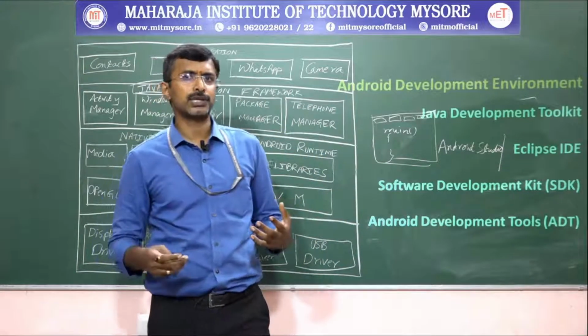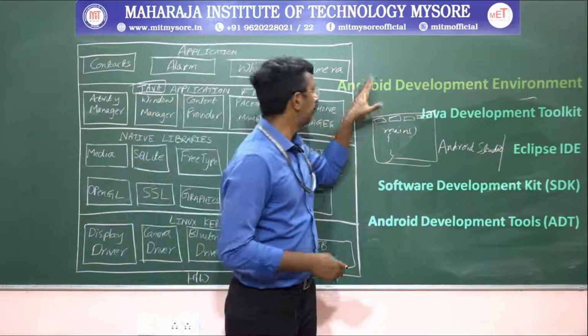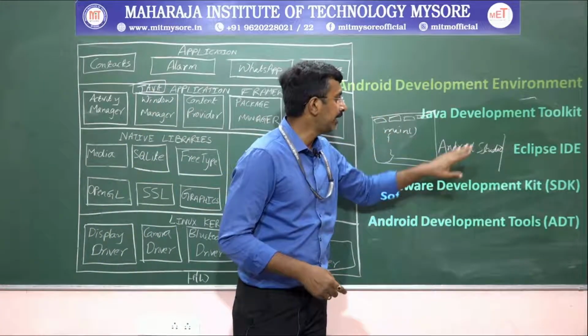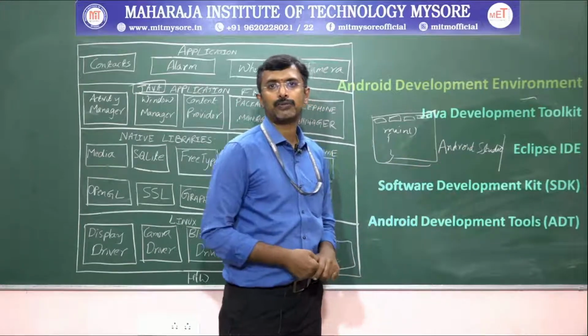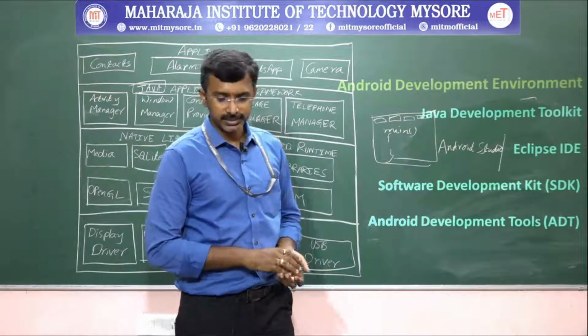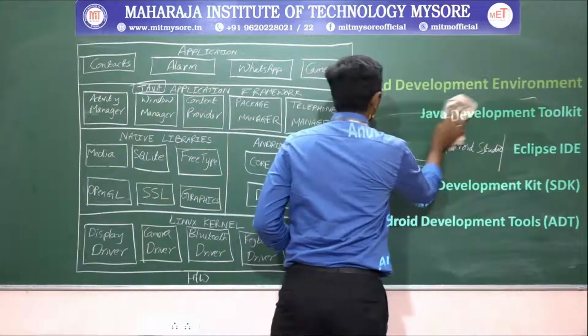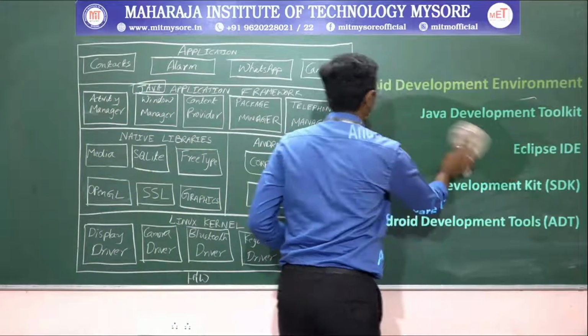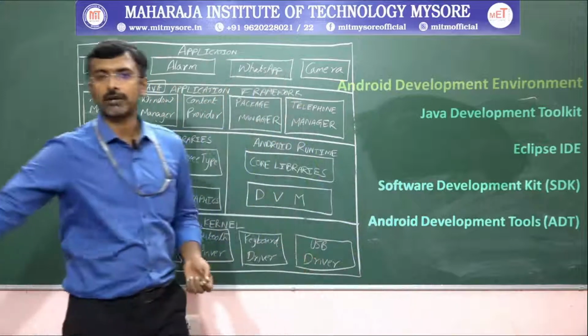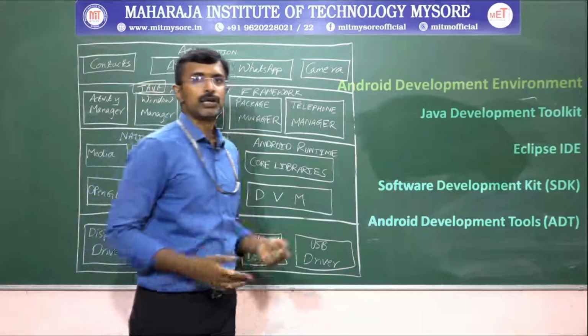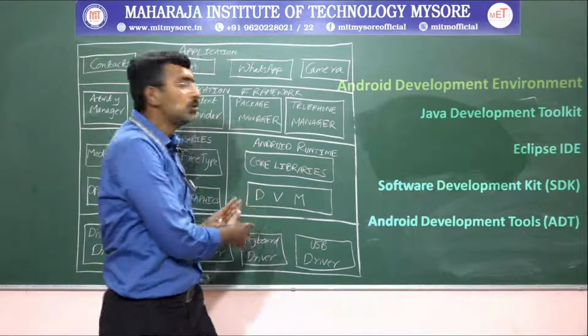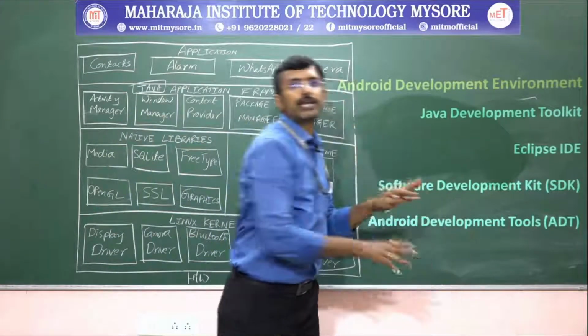So to develop an application, we need an environment which consists of JDK, IDE, SDK and ADT, or AVD. This is with respect to the Android application development platform. If you want to develop, you need to know the architecture, you need all these tools, then you can get started.